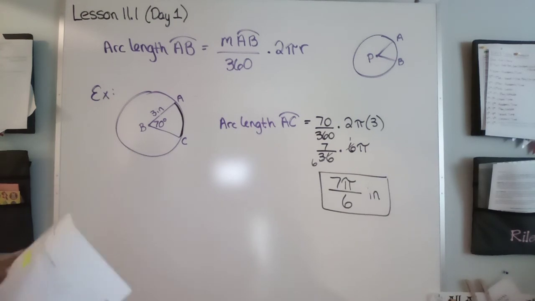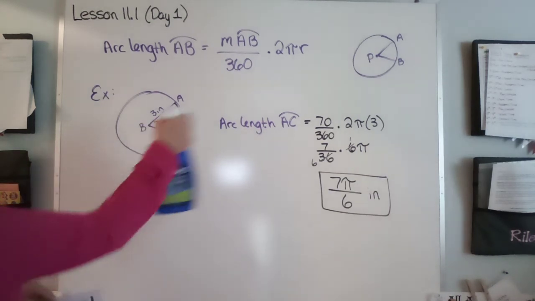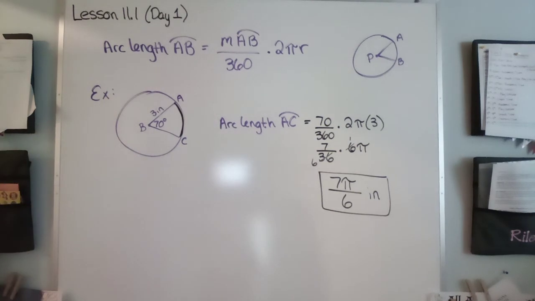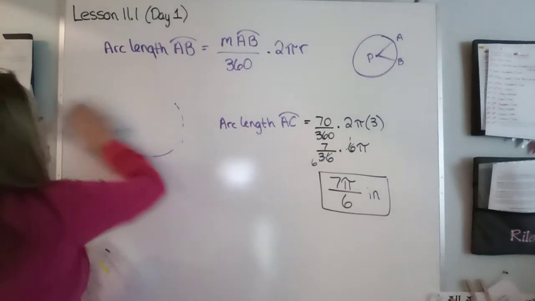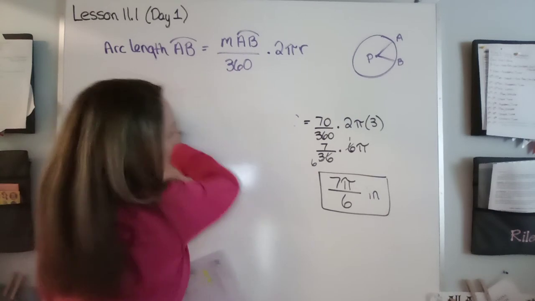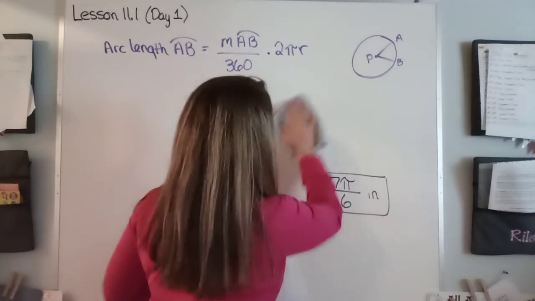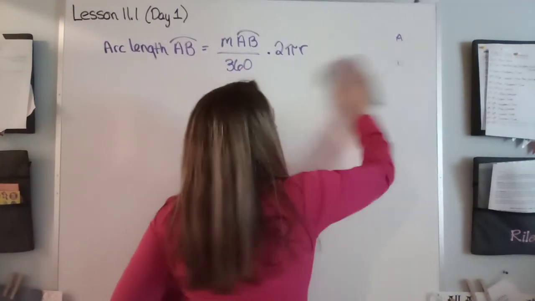And in the next example, we're going to talk about converting between degrees and radians. So remember, radian is another measure for an angle in a circle.